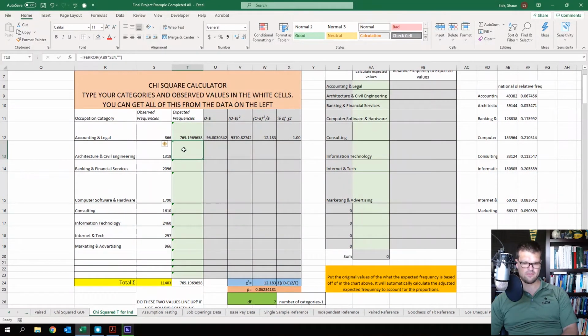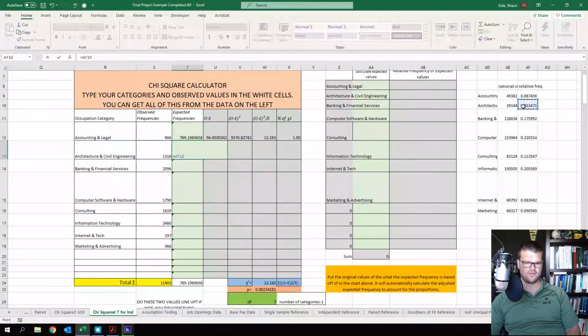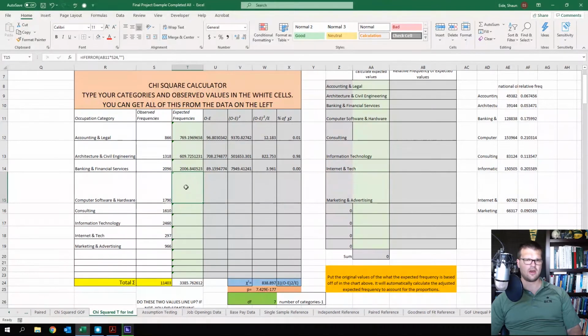Same thing right here for the architectural: equals relative frequency multiplied by the total frequency, and one more time, equals relative frequency multiplied by the total frequency.